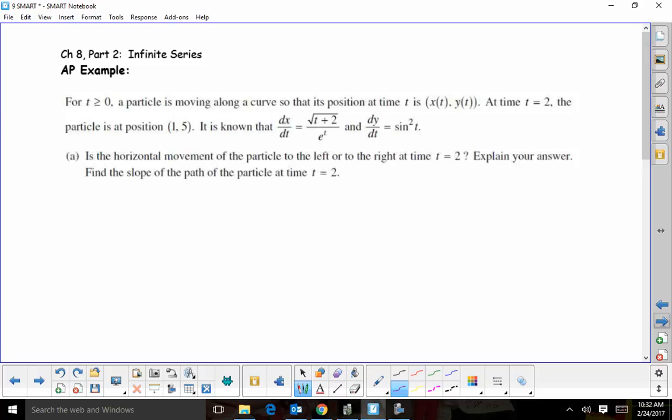If I'm talking about horizontal movement, I'm talking about dx/dt, right? So I'm going to say dx/dt equals this. Is that right? No, what's wrong?